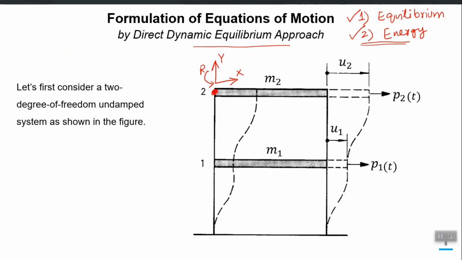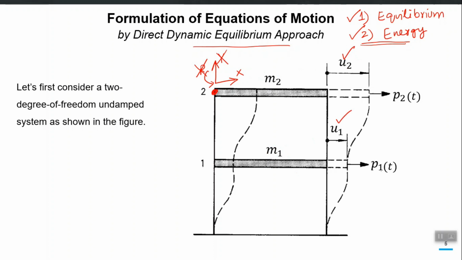If it is a 3-dimensional frame, then it should have 6 degrees of freedom, 3 translations and 3 rotations. But currently for the purpose of making this mathematical model, we are not considering r, we are not considering y. So the only degree of freedom available to this mass m2 is 1 translation, which is represented here as u2, and here also 1 translation which is represented as u1.